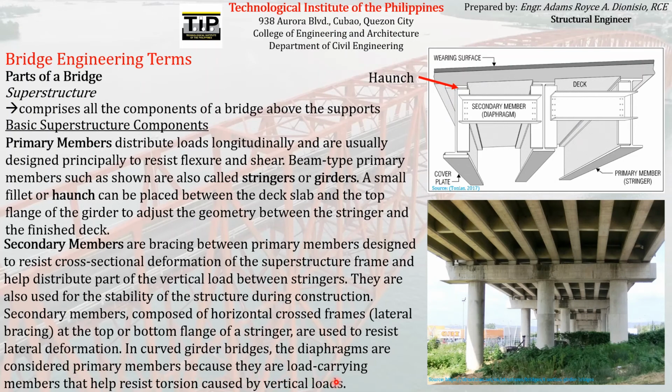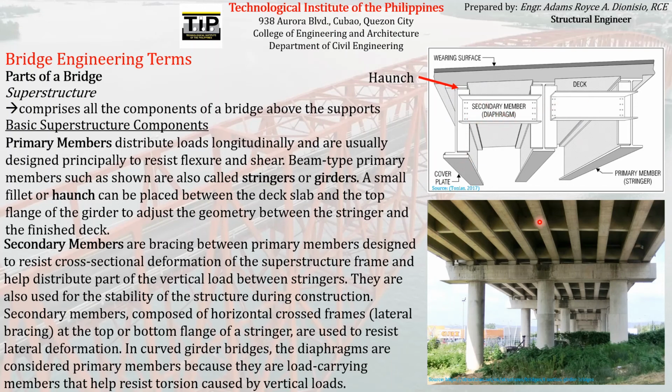So the secondary members are the members that are placed in transverse direction with respect to the longitudinal members, which are the primary members or stringers. So in this drawing, you can see these members here that are put in transverse direction with respect to the longitudinal girder, and these are what we call the secondary member or the diaphragm.